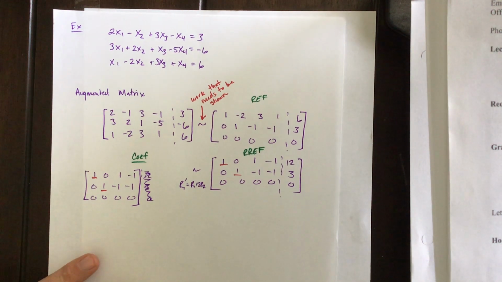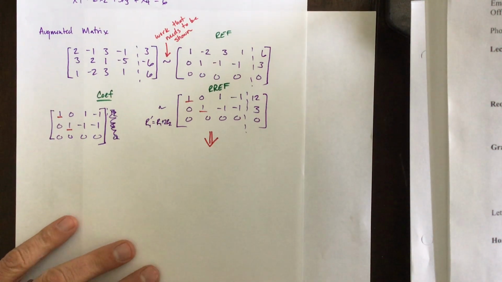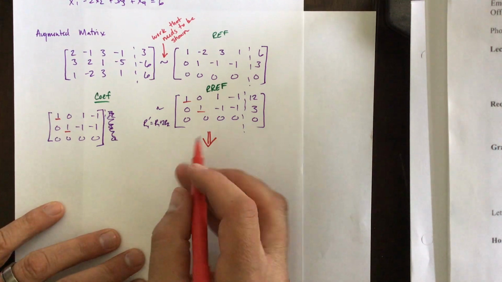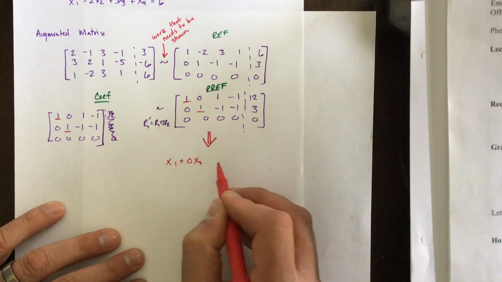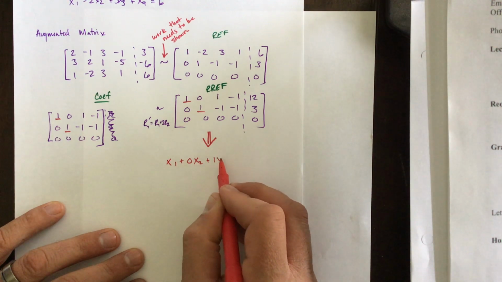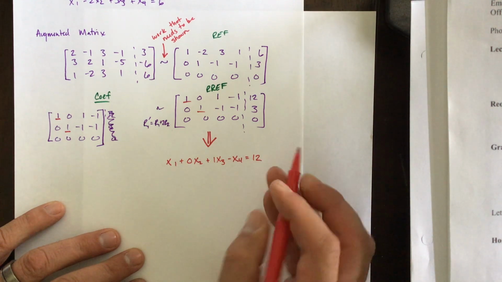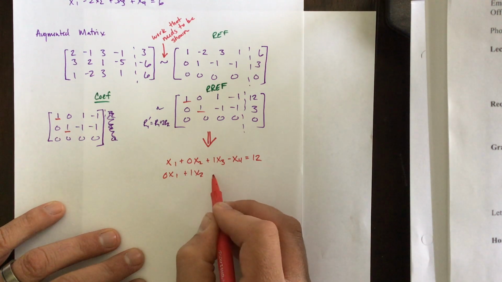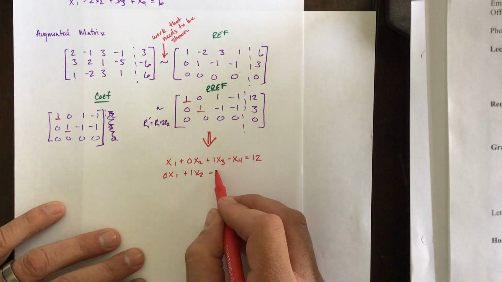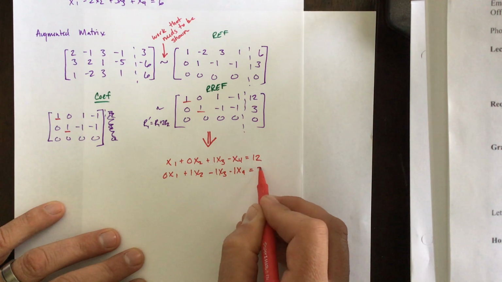Looking at the reduced row echelon form, that augmented matrix corresponds to the system x1 plus 0x2 plus 1x3 minus 1x4 is equal to 12. 0x1 plus 1x2 minus 1x3 minus 1x4 is 3.